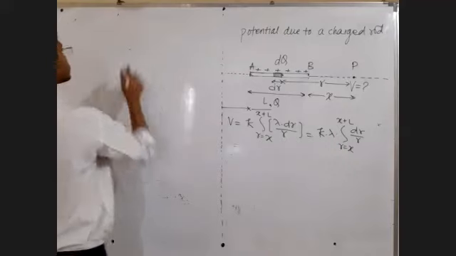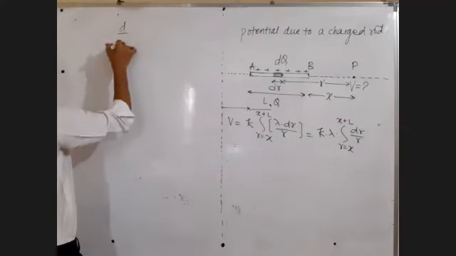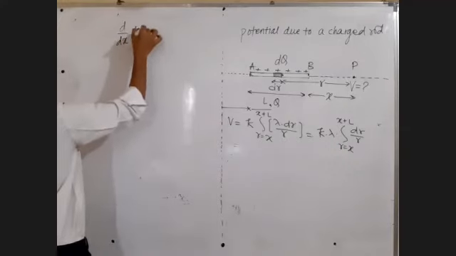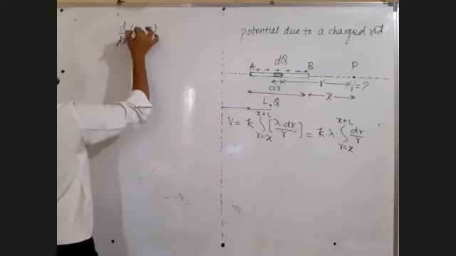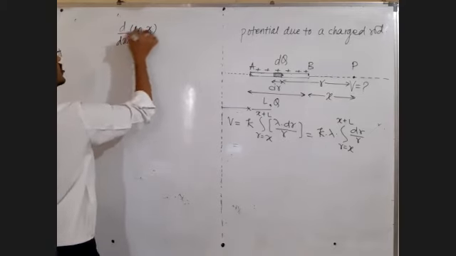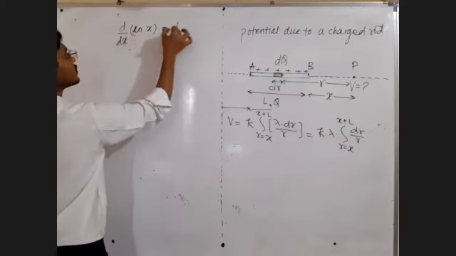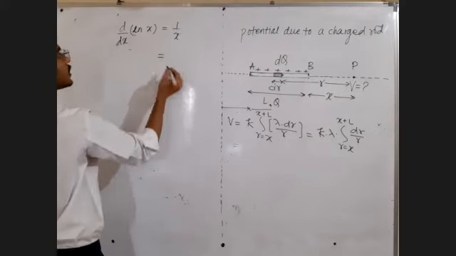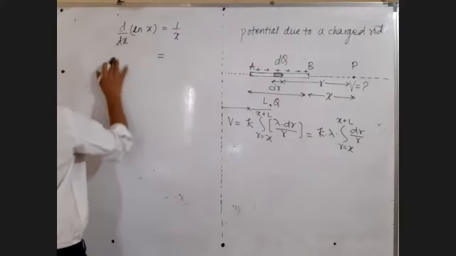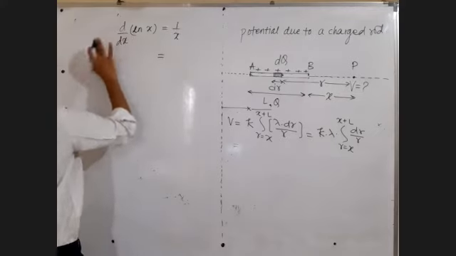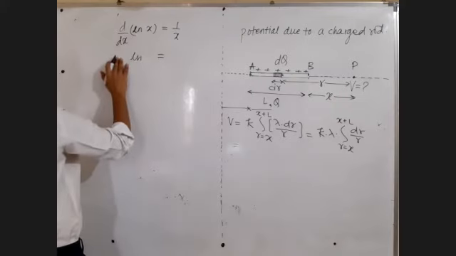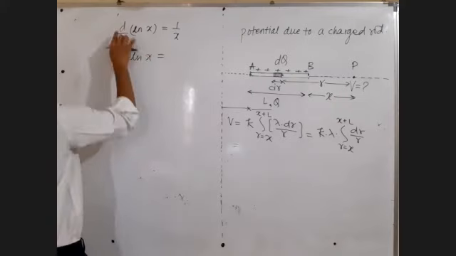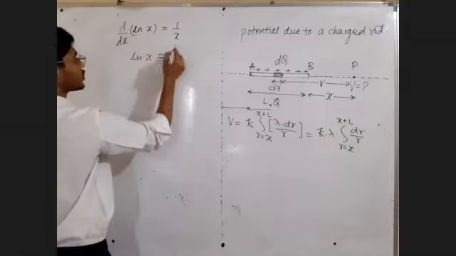Write down here: d by dx of log x, or ln x, log to the base e. The derivative of log x is 1 upon x. Therefore, taking integration on both the sides, derivative and integration get cancelled on the left hand side. Taking integration on the right hand side.